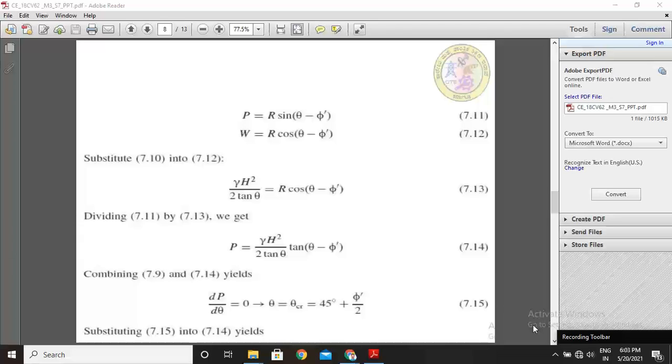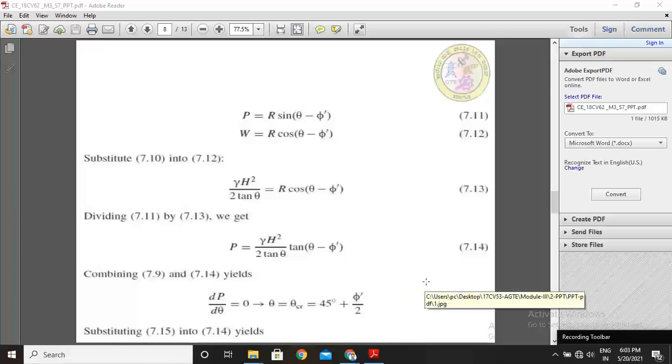Substituting equation 7.1 into 7.12, we get gamma h square by 2 times tan theta equal to R cos of theta minus phi dash. So dividing equation 7.11 by 7.13, we get P equal to gamma h square by 2 tan theta into tan of theta minus phi dash.